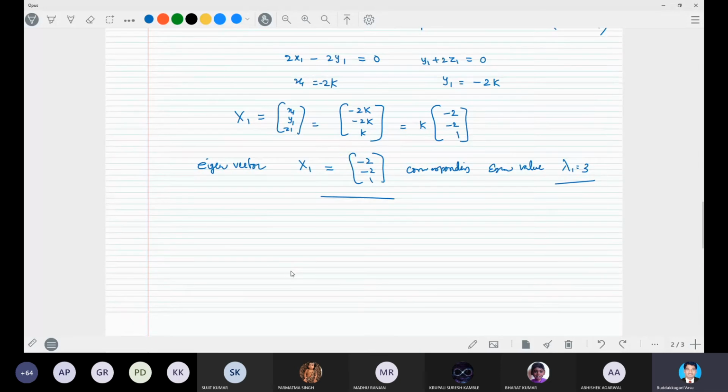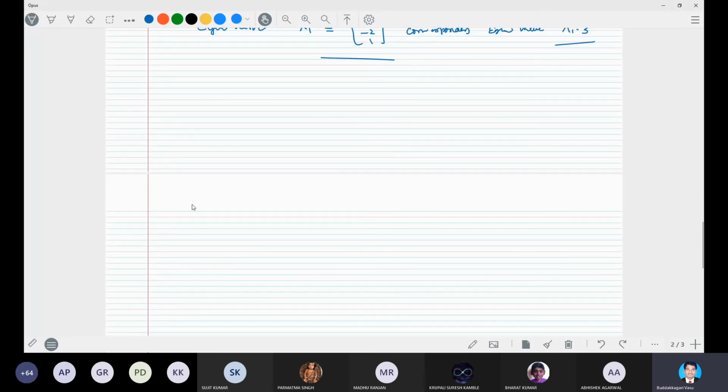In the same way you can find the eigenvector for the next eigenvalue, lambda 2 is equal to 6. I'm just doing it fast. So the solution will be determinant of A minus lambda 2 into I, into x2 is equal to 0. Let that eigenvector x2 be x2 y2 z2.